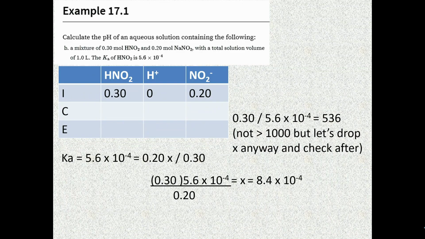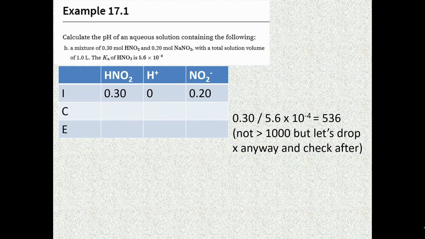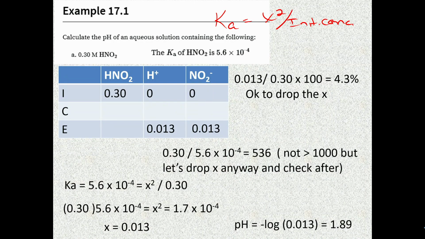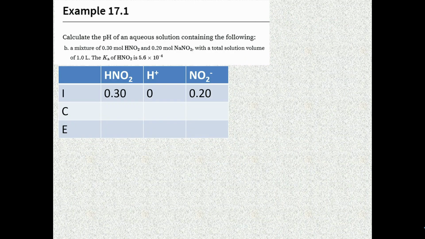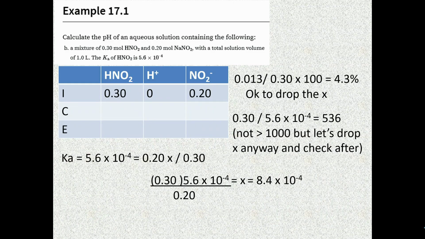Now, when I do this, my x previously was 1.3 times 10 to the minus 2. My x value now is all the way down to 8.4 times 10 to the minus 4. The presence of one of the products, Le Chatelier says, shifts it back to the reactants, and therefore the acid dissociates less.